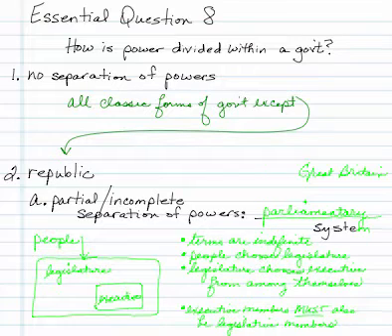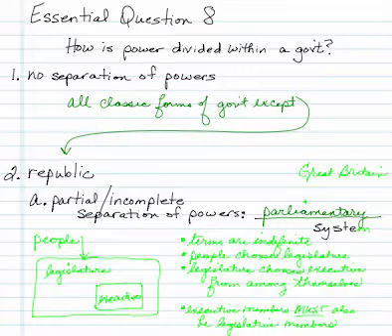In a republic, though, because the people are in charge and they want to limit the government, republics have established 2 different ways of setting up separation of powers. The first way is called partial or incomplete separation of powers, and that is called a parliamentary system.